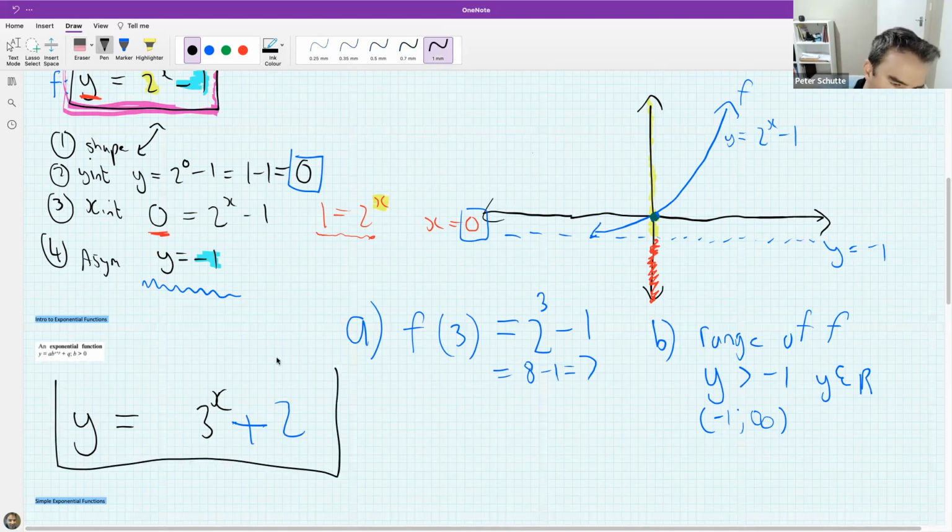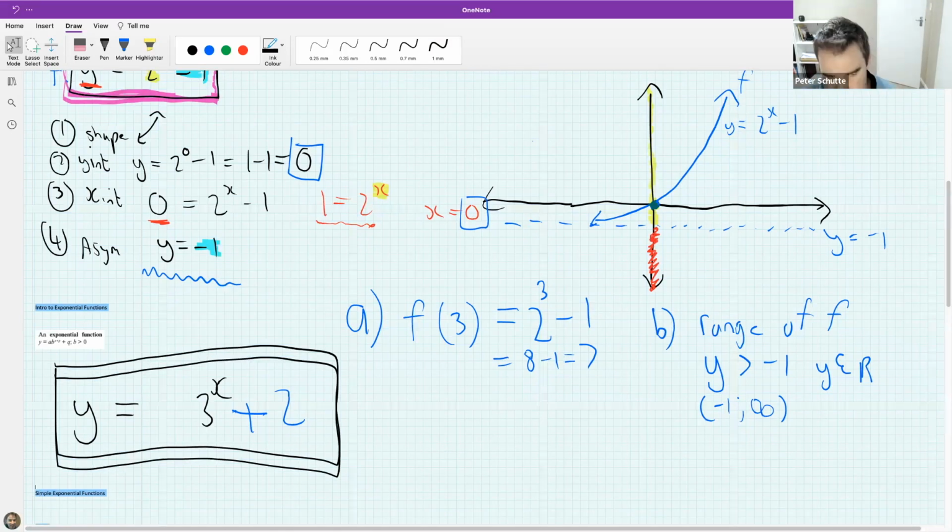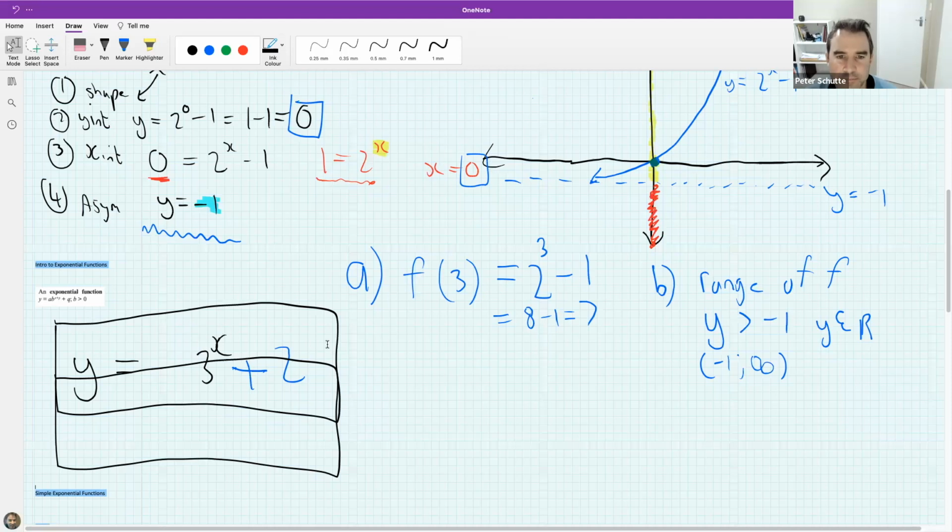See if you can draw that exponential function for me, and then we will take a break.